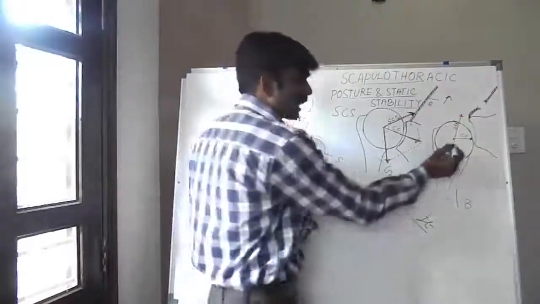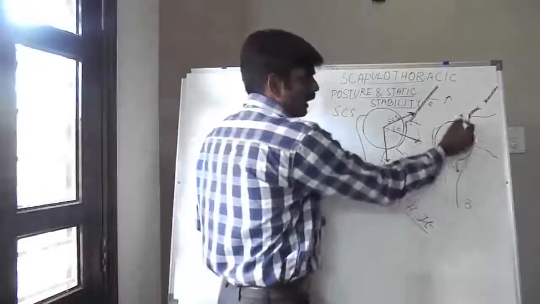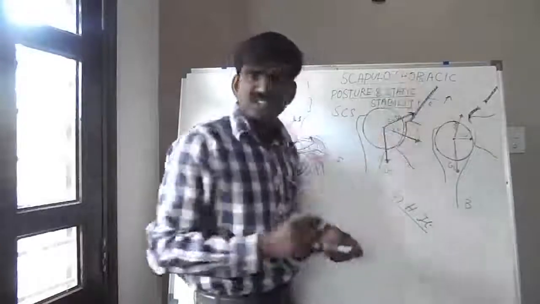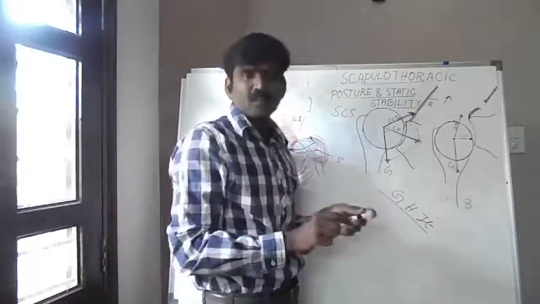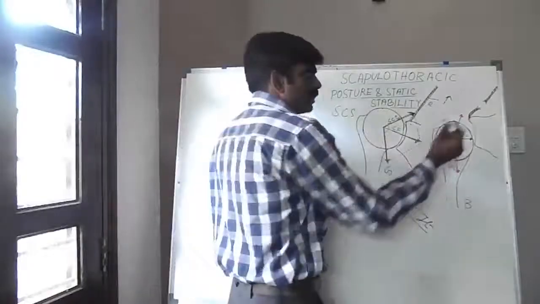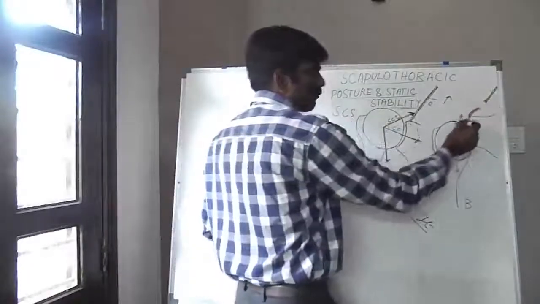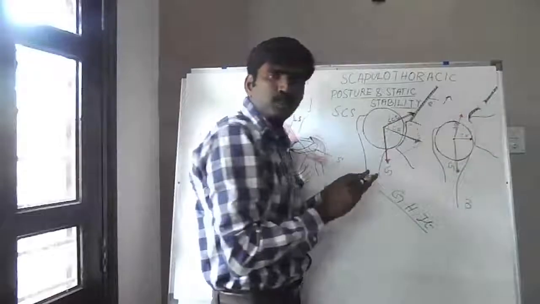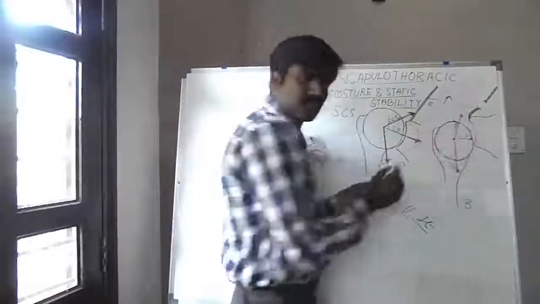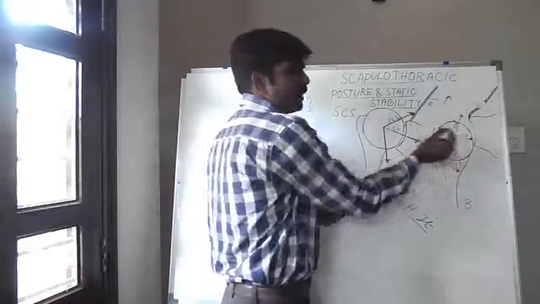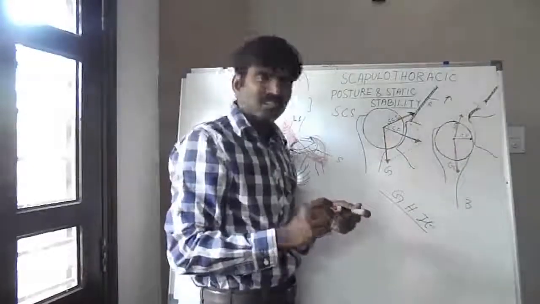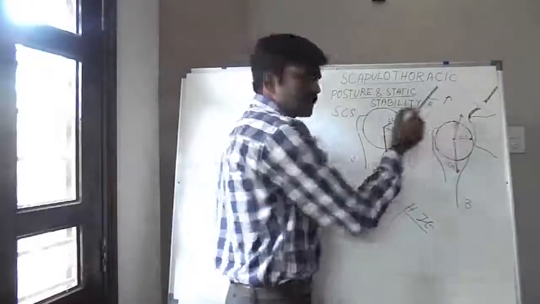If gravity is acting more, then there will be more stretch on the superior capsular structure. Previously, both these forces were acting. Now this force is lost. Clear? So now there will be excess strain or stress on the superior capsular structure.